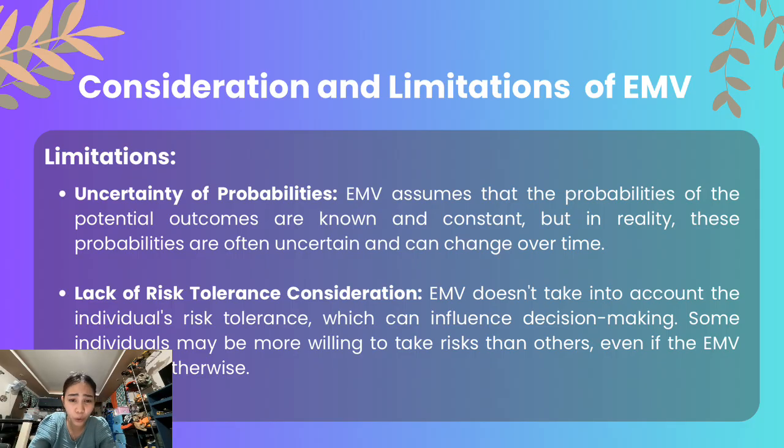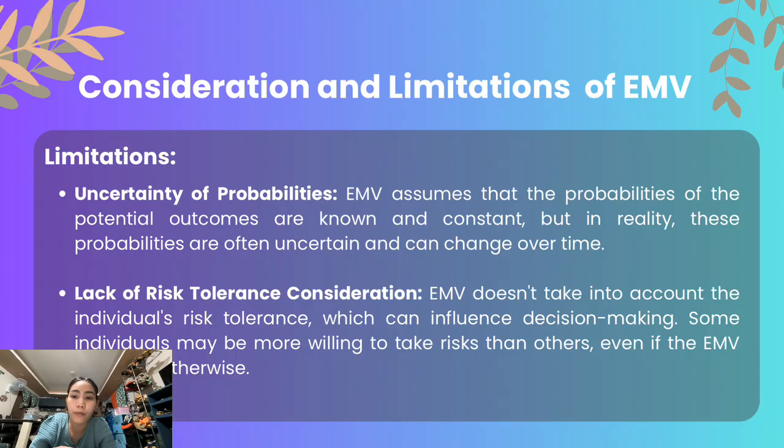We had our interview with the project manager, and we asked them how often this machine breaks down, and then the probability of this machine having downtime would be this, and then we calculated it. So it's just best guesses. So one of the limitations is uncertainty of probabilities.